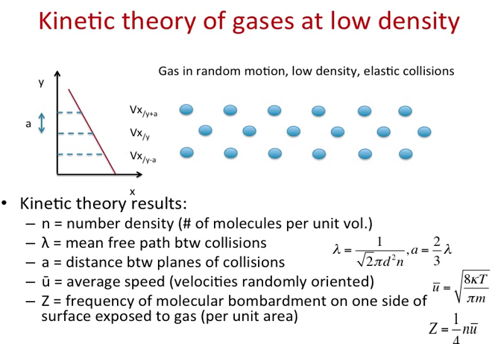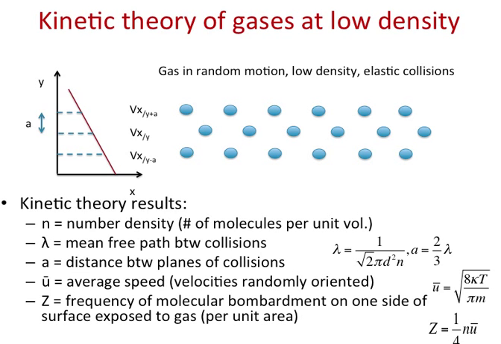I have only 2 minutes left, so I'm going to stop here. Finally, what I will need is the frequency of molecular bombardment. This Z will be the frequency of bombardment on one side of the surface, not both sides.